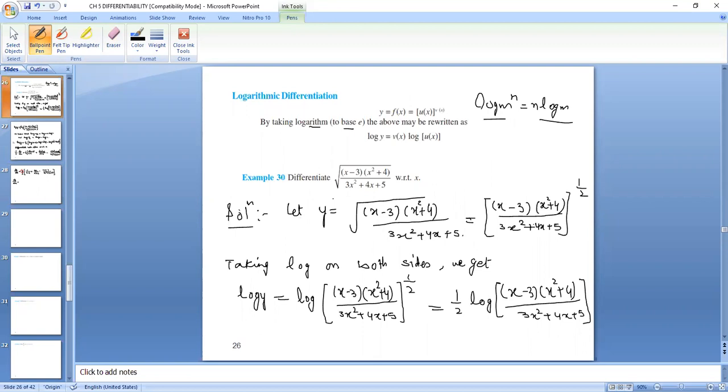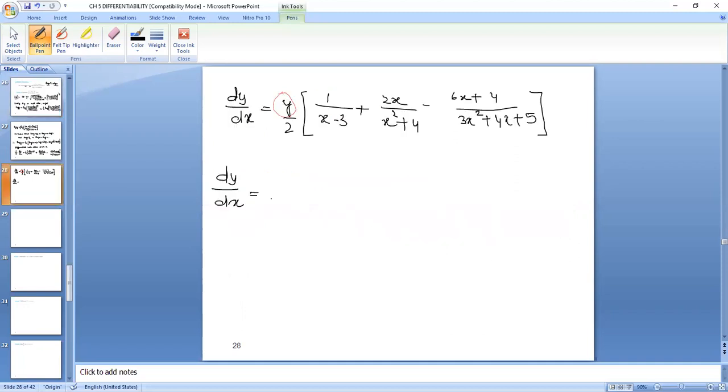So y we have taken in the beginning, y is equal to root x minus 3 into x square plus 4 upon 3x square plus 4x plus 5. The same value we will substitute here. Square root x minus 3 into x square plus 4 upon 3x square plus 4x plus 5. This is the value of y, right?